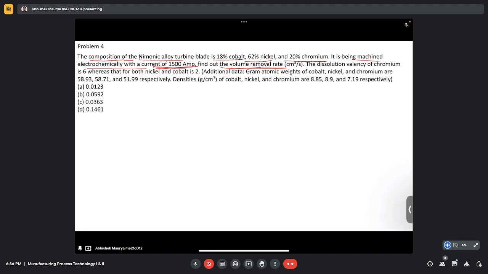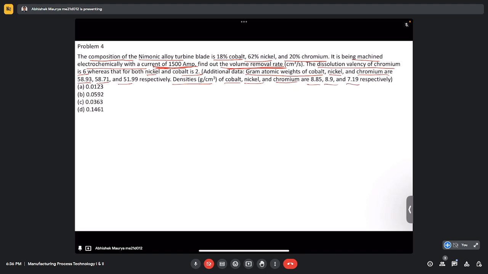And what else is given? The dissolution valency of chromium is 6, whereas for nickel and cobalt it is 2. Additional data given there: the gram atomic weights of cobalt, nickel, chromium, as well as densities for all three elements.